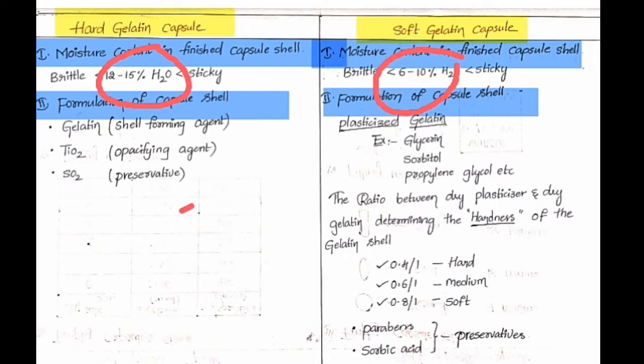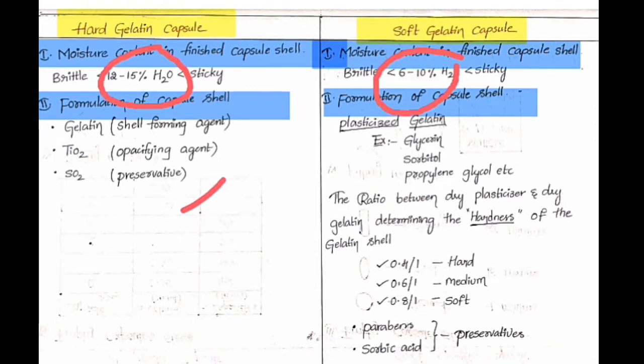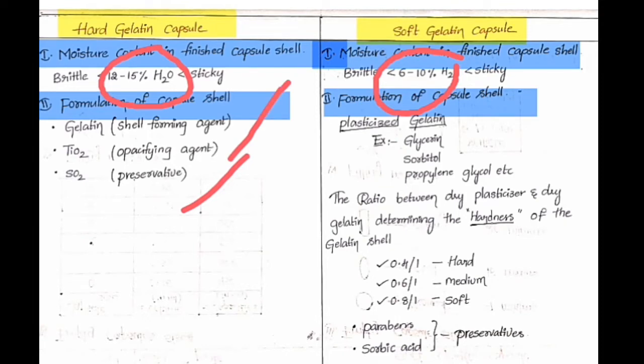And the formula of the capsule shell: gelatin, titanium dioxide and sulfur dioxide, and their uses I have represented here. In soft gelatin capsule, plasticizers are also used, for example glycerin, sorbitol and propylene glycol.